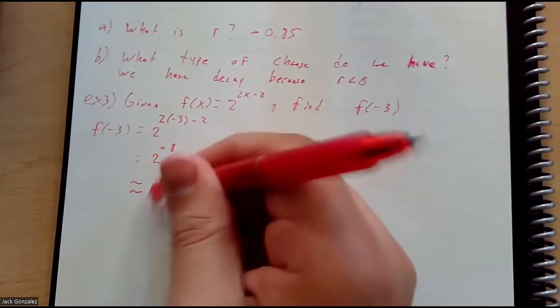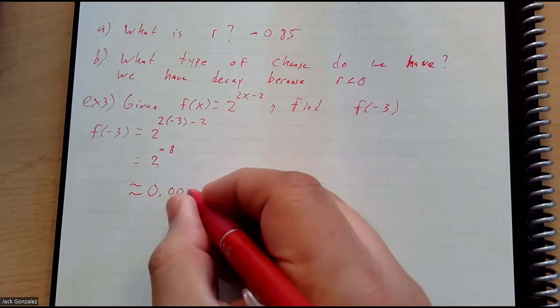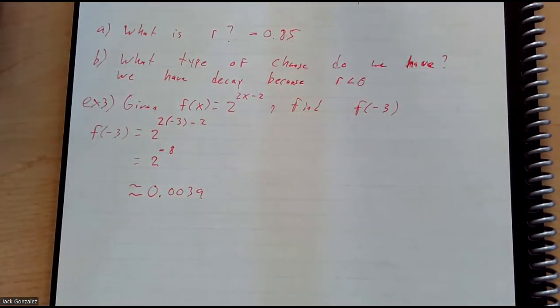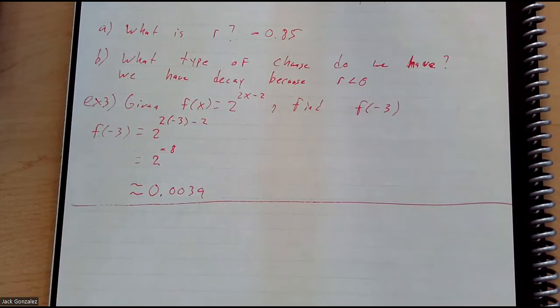Positive, sorry. 0.0039. No question about 3, right? Just plug in the number, and that's it. Scientific calculator or graphing is all you're going to need. Okay.